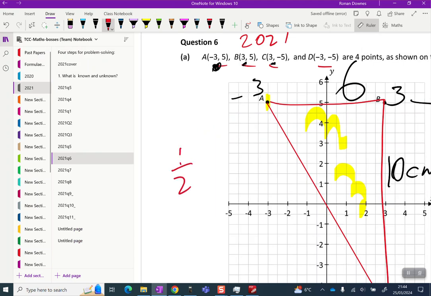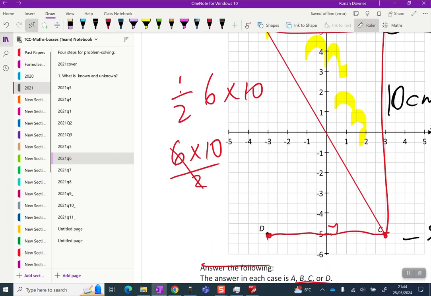So we have a half of 6 by 10, or simply 6 by 10 over 2. If you want to do a bit of mental maths, 2 into 6 is 3, 3 tens is 30. You can also fill that into your calculator and you'll get 30, and then we have centimeters squared.